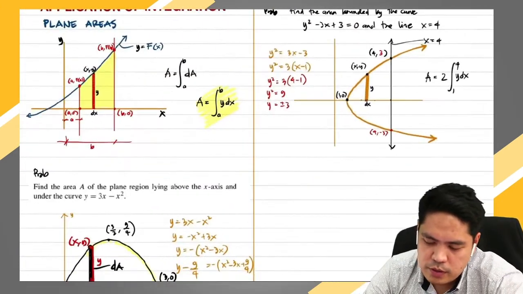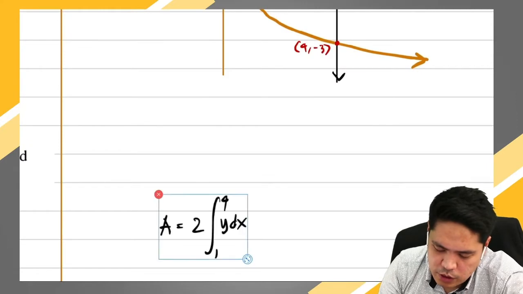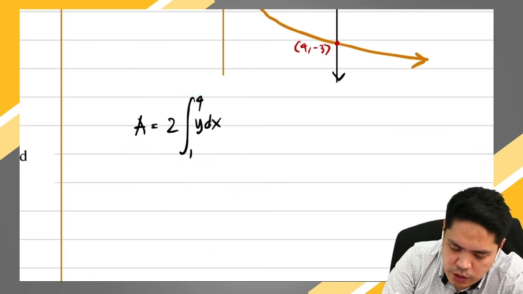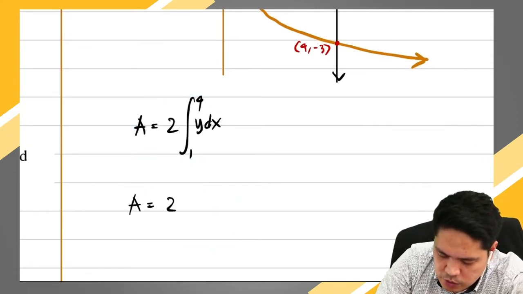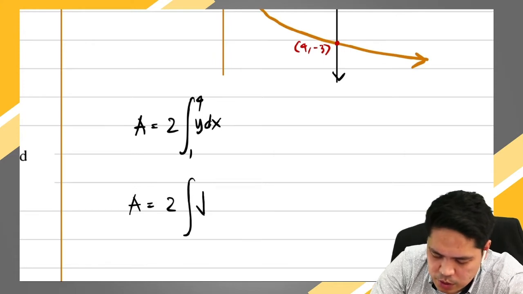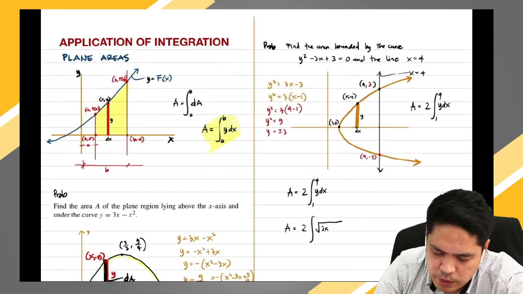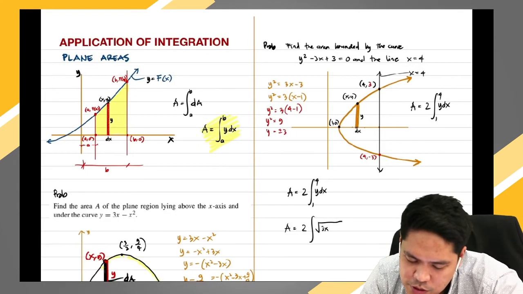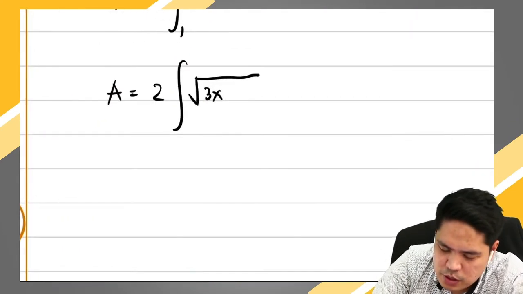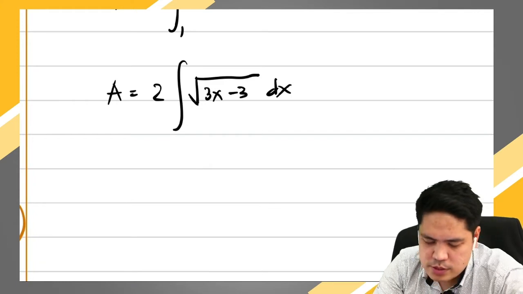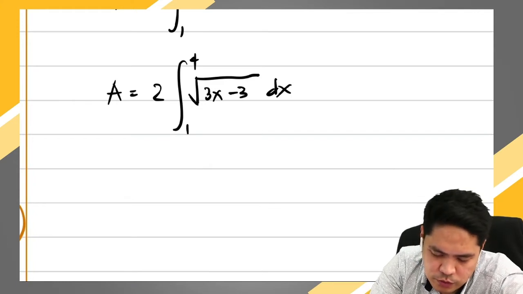That's all. So, let's solve now for the area. Area is equal to twice the integral of y, remember, that's the square root of 3x minus 3, dx, from 1 to 4.